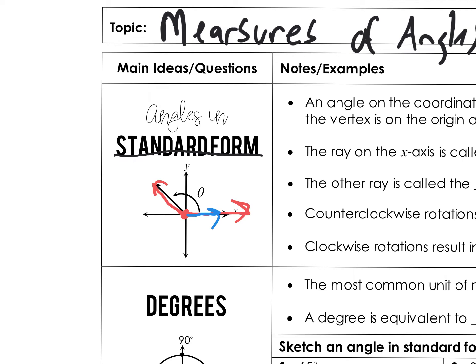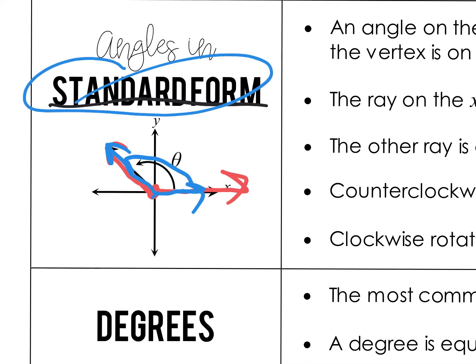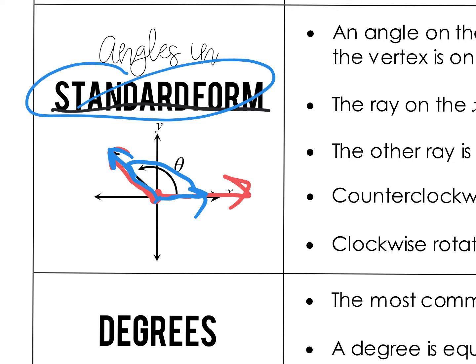When one of those legs decides to open and come out to here, we say that angle is in standard form, where one of the legs, this leg here, is called the initial position.